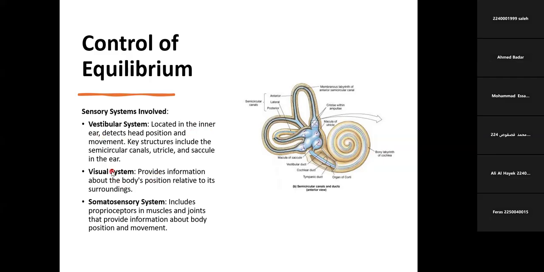Then we have got our eyes, visual system, which provides information about the body's position relative to its surroundings. We can see that I am about to fall. We can see that something is about to hit us. We can see that this road is up and down. Then we have got our muscles and joints and tendons. This is called somatosensory system. My dear Muhammad Isa, you asked the question.